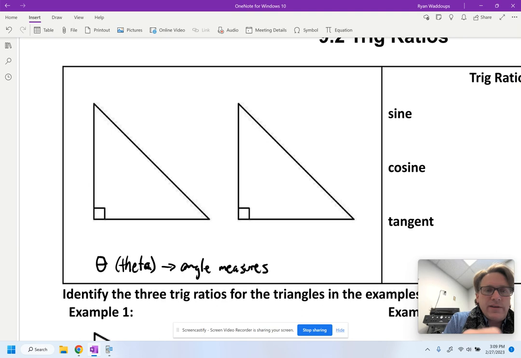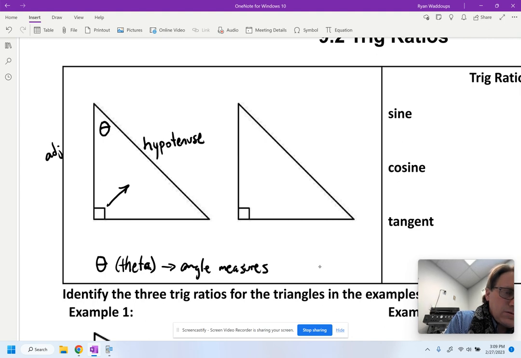So if we've got the angle up here, the side opposite the right angle is always the hypotenuse, and then each of these are legs. This one right next to means adjacent.